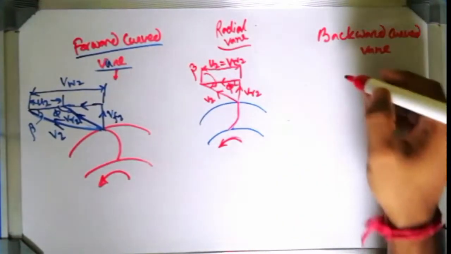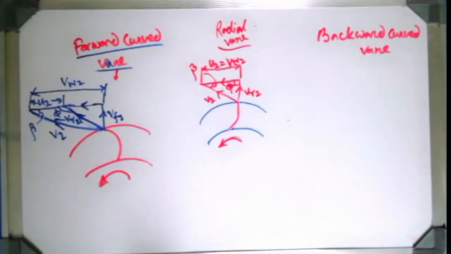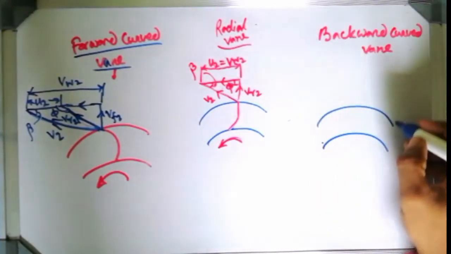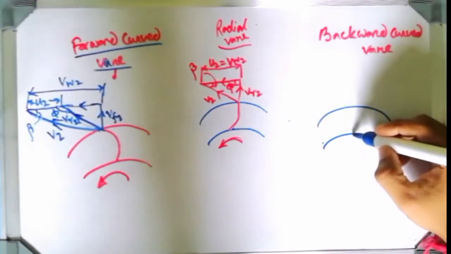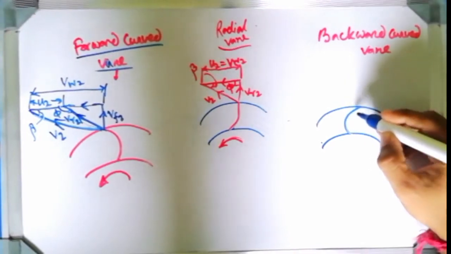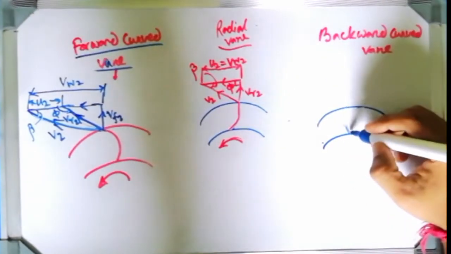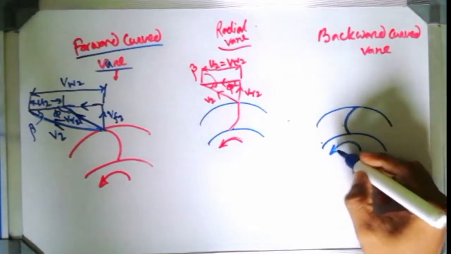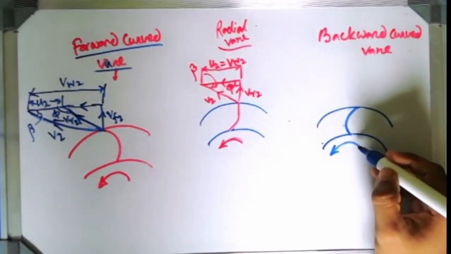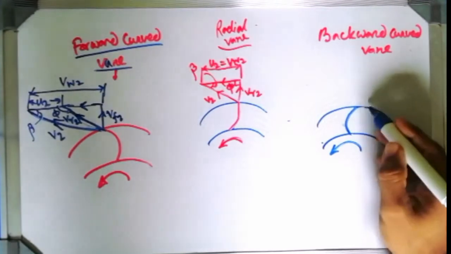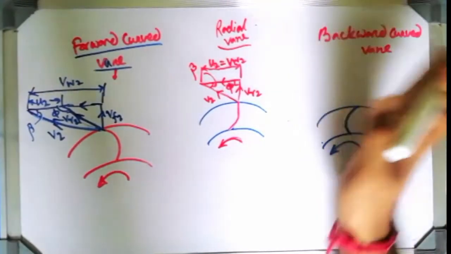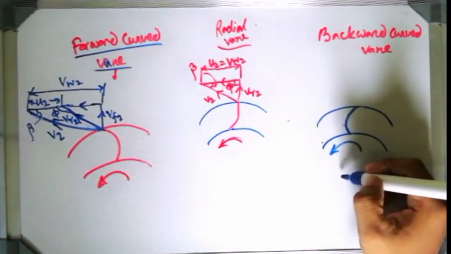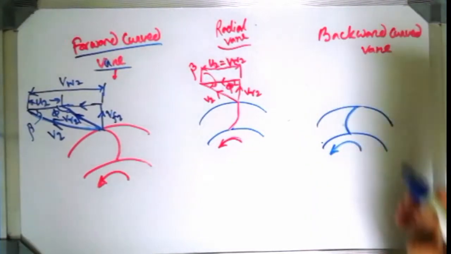And for the backward curved vane, if I make the same kind of structure, the blade will be bent like this. A very big angle is given like this, and the rotation obviously in this direction. So why is it backward curved? Because the curvature of the blade is in the opposite direction of the rotation of the blade. Rotation is taking place in the anti-clockwise direction, but the curvature is in the clockwise direction.